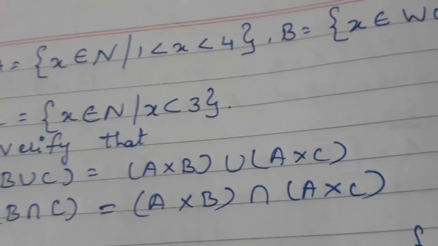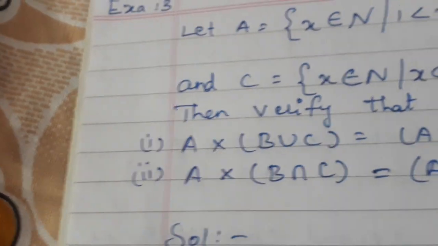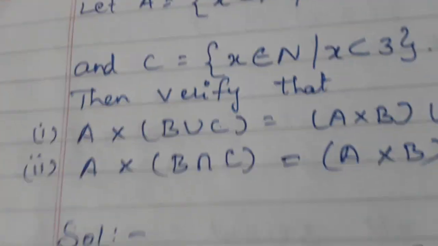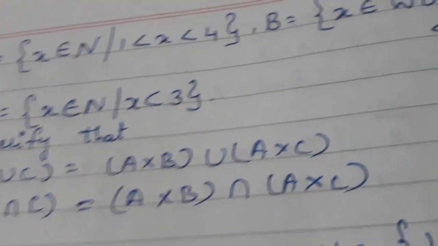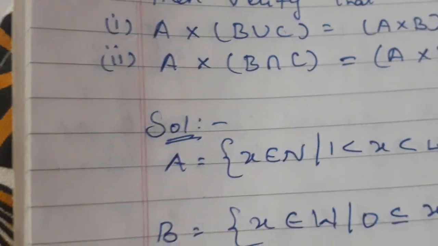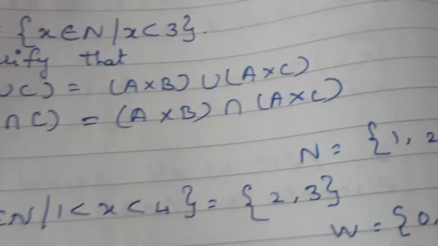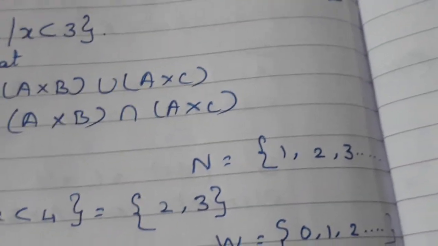We have to verify that A × (B ∪ C) = (A × B) ∪ (A × C), and the second part, A × (B ∩ C) = (A × B) ∩ (A × C). First part, A is given that x belongs to natural numbers.